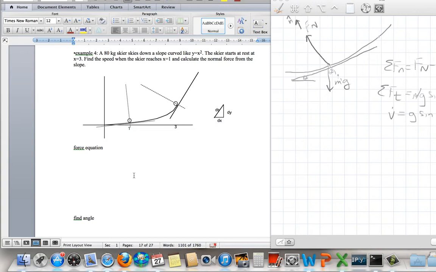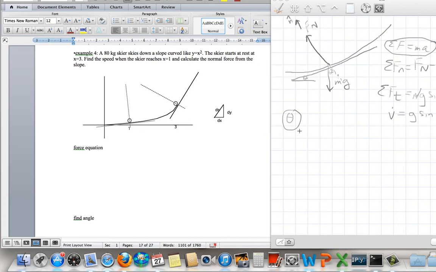Now, we're asked to find the angle theta here. We'll use an idea from Cal 1. So if we're sort of annotating this solution, there's the force equations. That's the first thing we were asked for. The next thing is the angle theta.